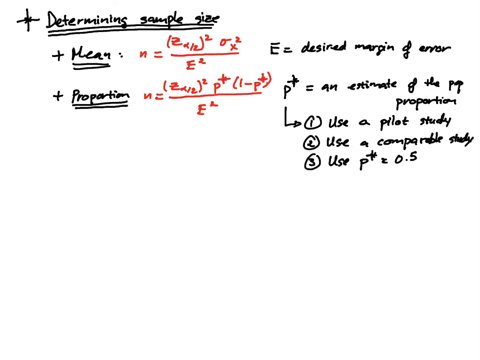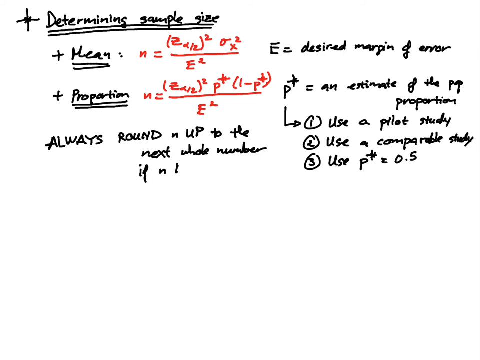And for this kind of problem, when you determine the sample size, if you get a decimal number, you always round up to the next whole number.